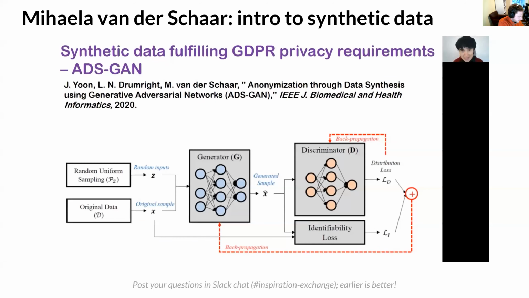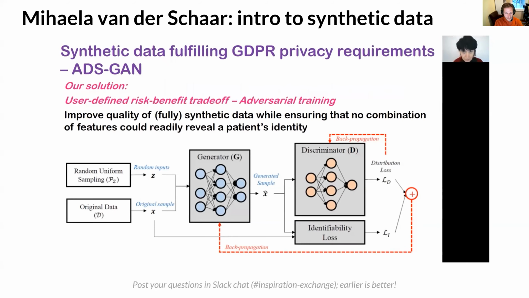As the name is saying, we are using GANs in order to generate synthetic data that fulfill GDPR privacy requirements. So our focus is on generating synthetic data with such privacy requirements.